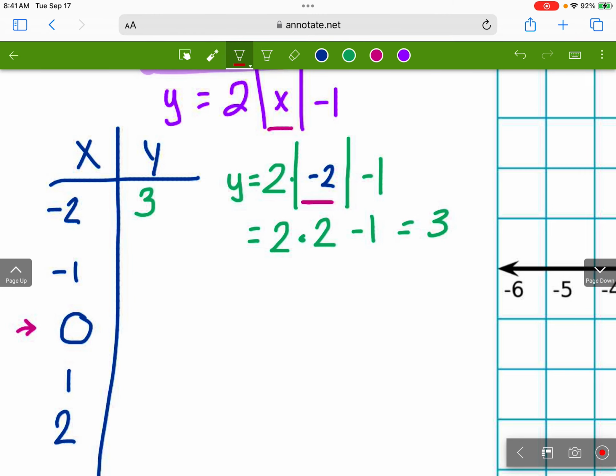Okay. Let's do the next one. I'm taking my original equation, y equals 2 times the absolute value of my x. I'm going to use minus 1 this time. So I'm just taking my next x in my table. Order of operations says I do my absolute value first.